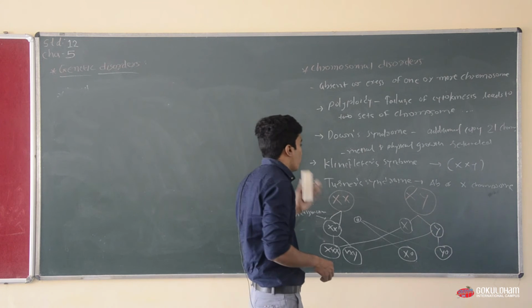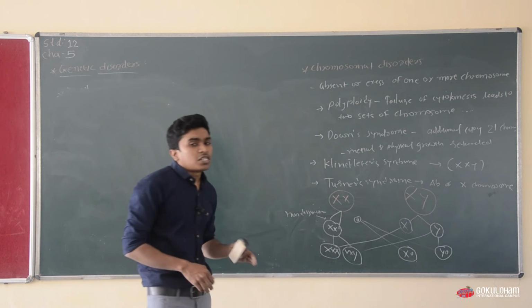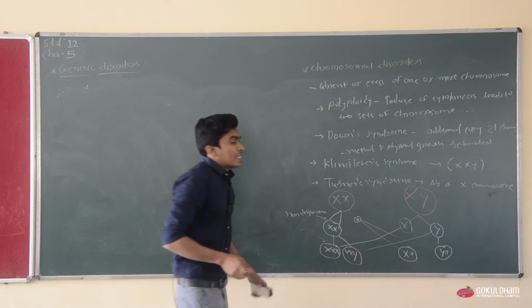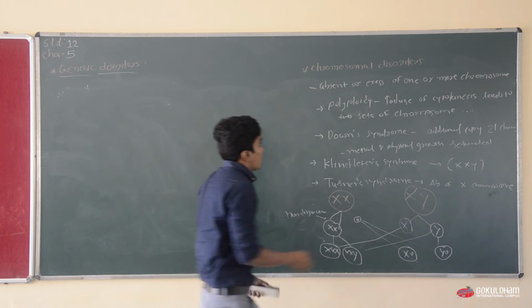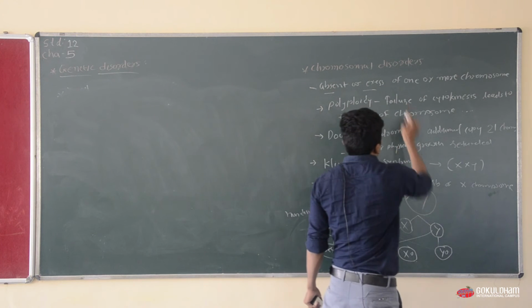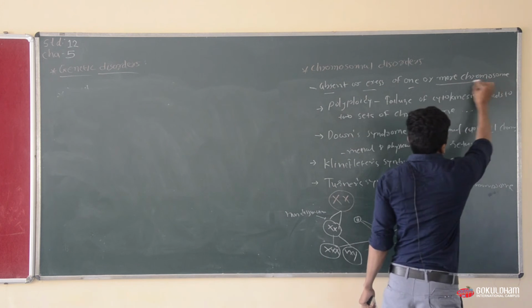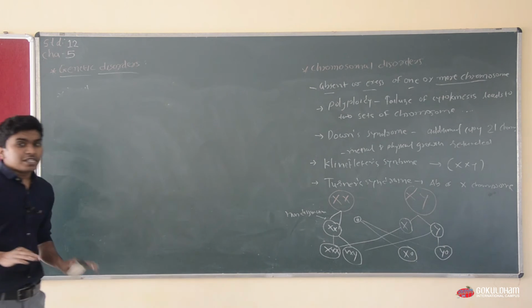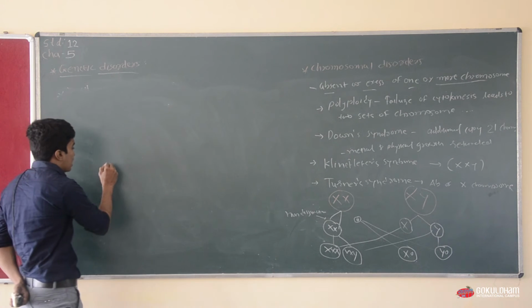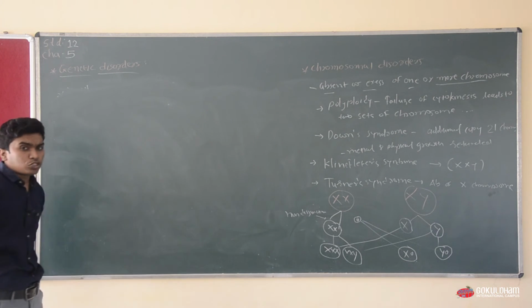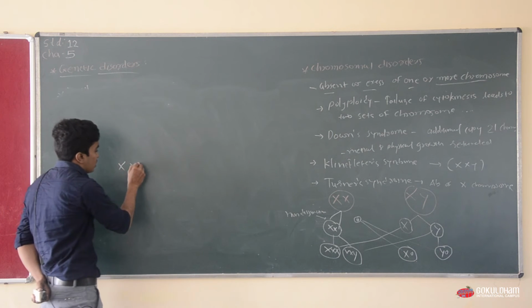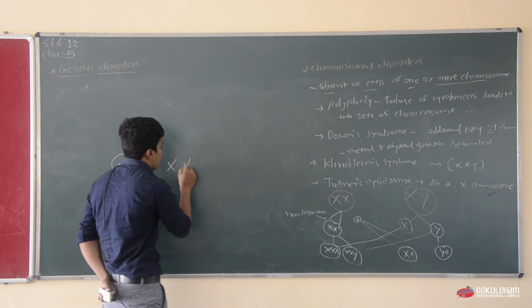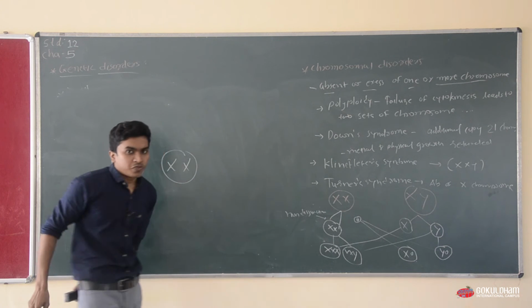So there are different kinds of disorders. First one is Down syndrome, Klinefelter syndrome, and then Turner syndrome. So, what are chromosomal disorders? It is the absence or excess of one or more chromosomes, which means all humans have 23 pairs of chromosomes. The last pair in male is XY and in female it is XX.